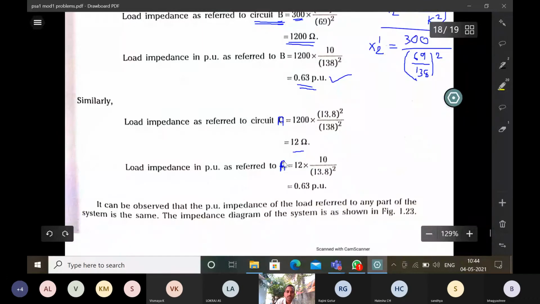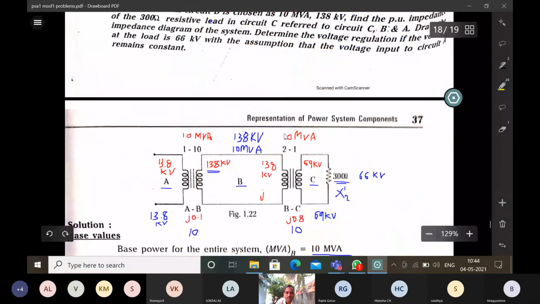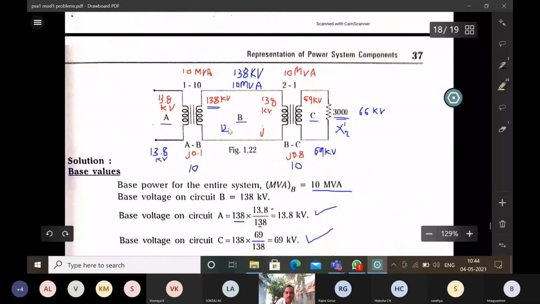What is this? In B we got 1200 ohm, right? So here 300 is there. Near B we got 1200 ohm as the impedance. Now in between A and B, it is X2. X2 is equal to 1200 ohm.